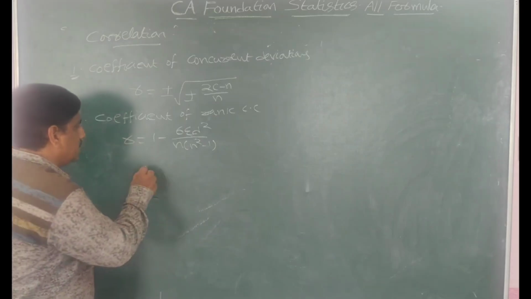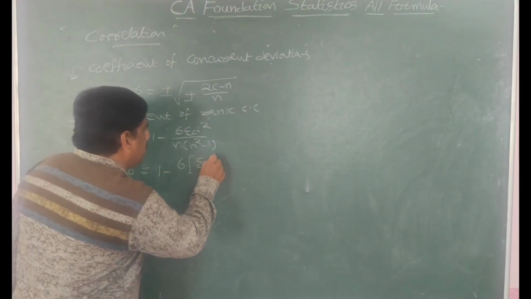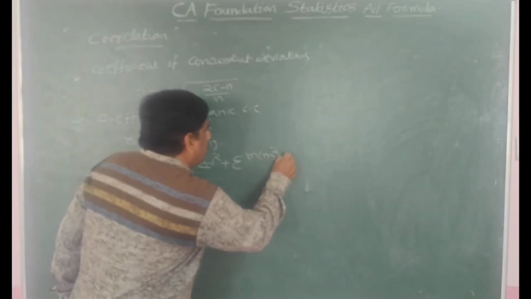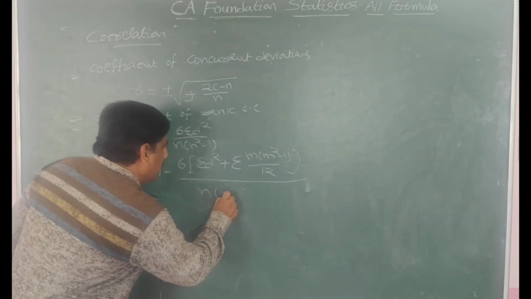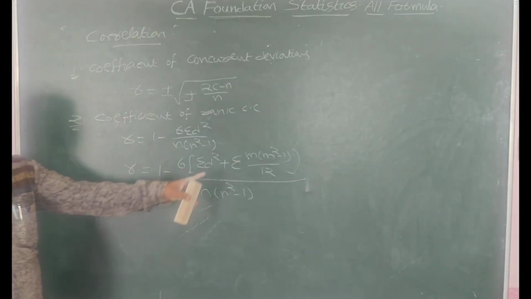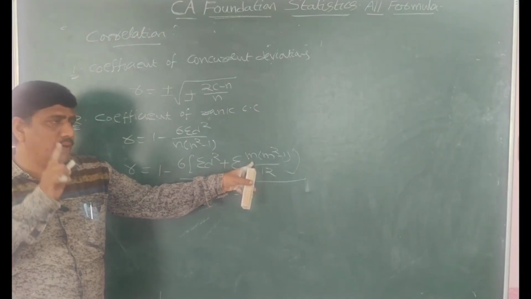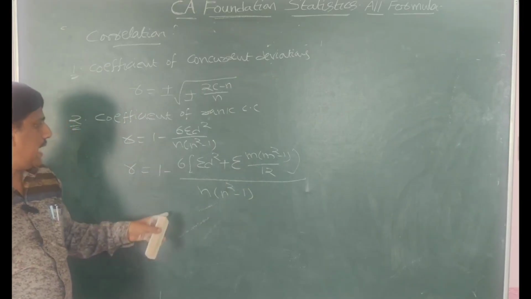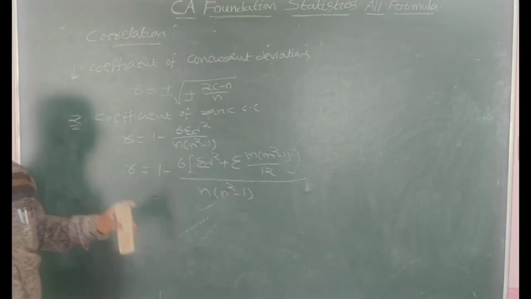When there are ties, the rank correlation formula will be like this: 1 minus 6 into summation d square plus summation m into m square minus 1 by 12, divided by n into n square minus 1. In the case of tied ranks, this is the formula, where m means the frequency of the repeated value. For every repeated value, you have to calculate this and then add it to summation d square, then use the rank correlation coefficient formula. Those are concurrent deviations and rank correlation.